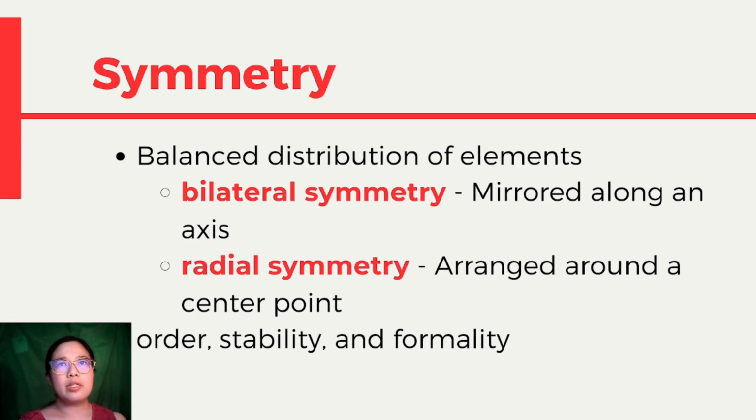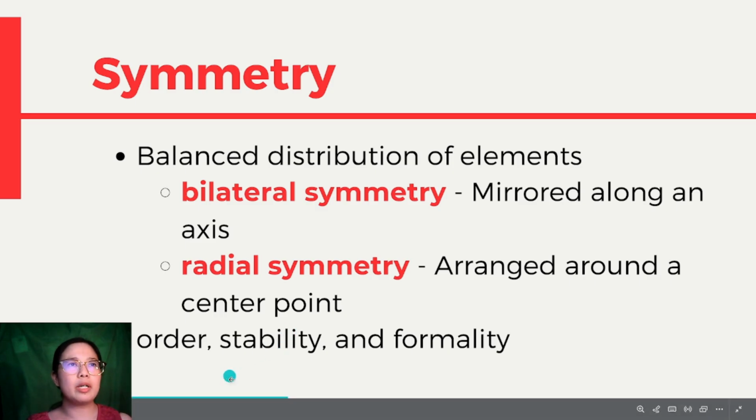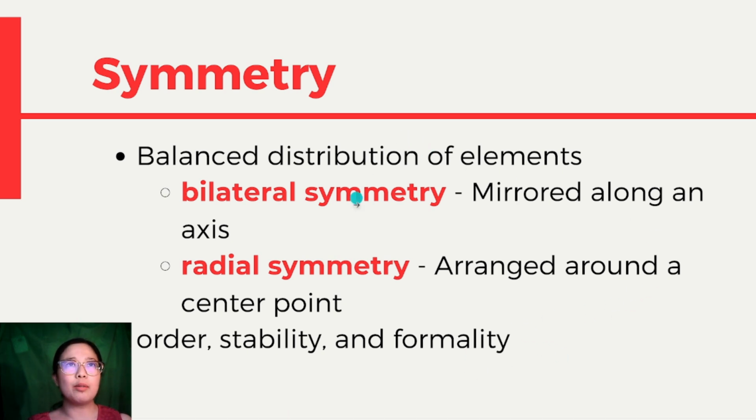And then, the radial symmetry, meron lang center point, hinati for how many angles or sides, and then para lang siyang pizza na hinati. Okay, it could be divided into many more parts. Okay, so when you do this, you have established order, stability, and formality. So it's really important na itong mga ito ay pare-pareho or mirrored.